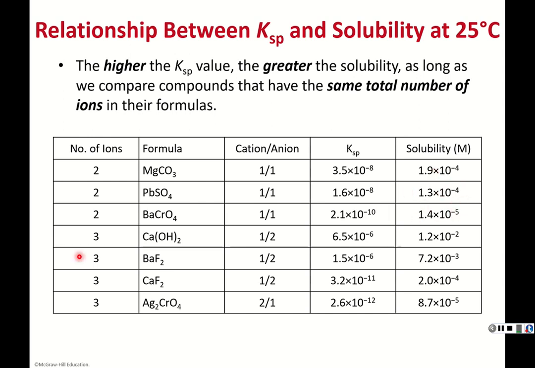Now we have 3 ions in these, so you can directly compare them as well. So this is the descending order of KSP, and you'll see that the concentration is going down. You'll notice if you try to compare one with 2 ions to one with 3 ions, that's a harder direct comparison to make.